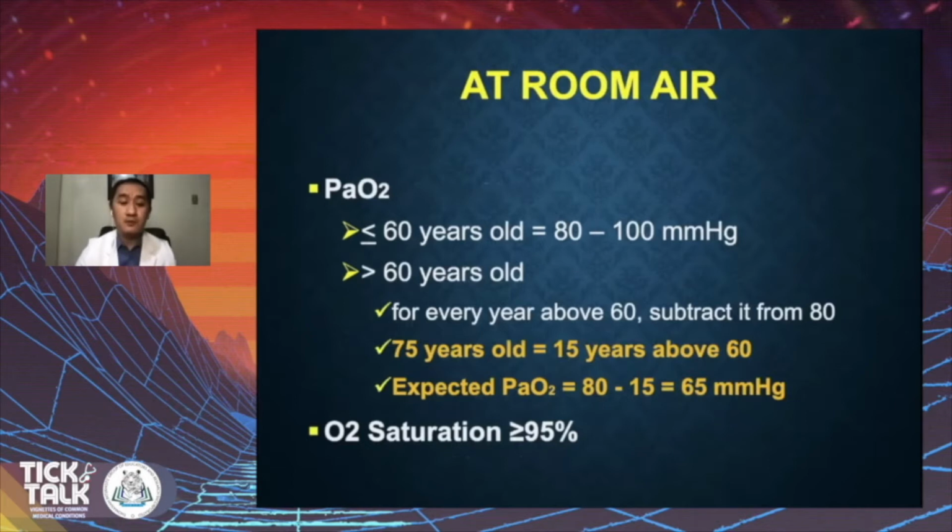So for example, if we have a patient who is 75 years old, this is 15 years above 60, so the expected arterial O2 is 80 millimeter mercury minus 15, which is equal to 65 millimeter mercury. And another parameter is the O2 saturation, and the expected O2 saturation of this patient should be more than or equal to 95%.